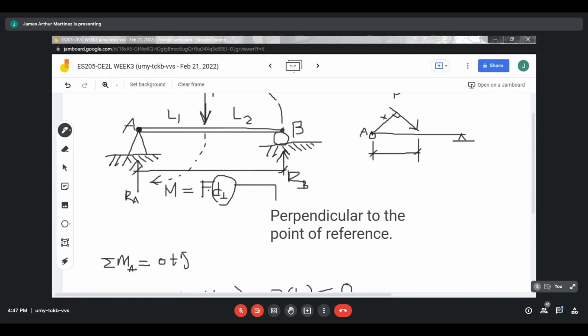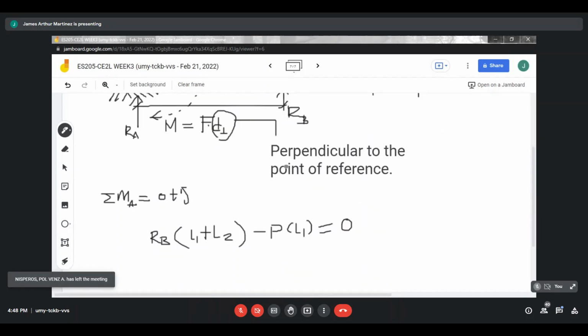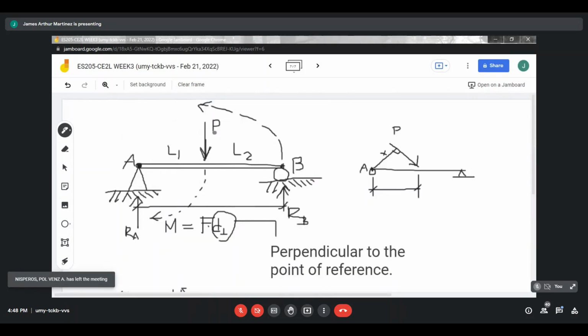So a moment is equal to force times zero, which is equal to zero. That is the concept. That's why if you take moment at point B, you don't include RB, because it passes through point B. Therefore, if you take summation of moment at point B, you will have RA and force P, rather.